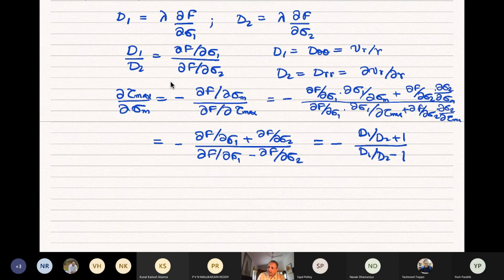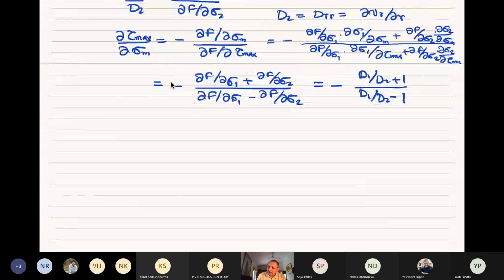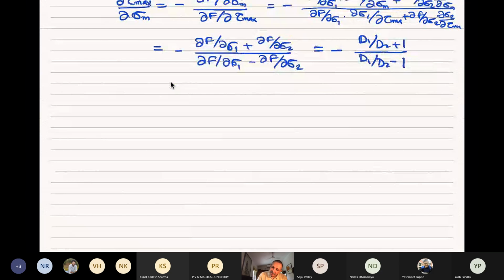So I'm dividing top and bottom by del f by del sigma 2, then I'll get the ratio of these two, and then I can use this expression to substitute in terms of this. So I did a little bit of algebra, and you can try it out yourself.